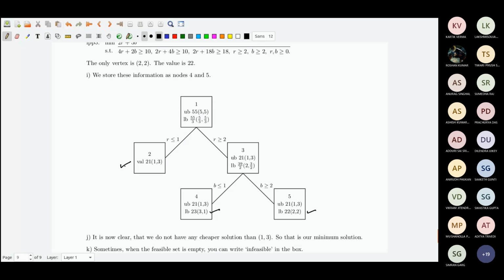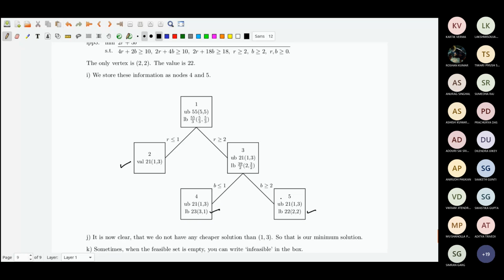So what we have done, finally we have 2, 4 and 5. These are the branchings we have ultimately done, and we have seen that any lattice point will lie either in the region shown by node 2, or the region shown by node 4, or the region shown by node 5.